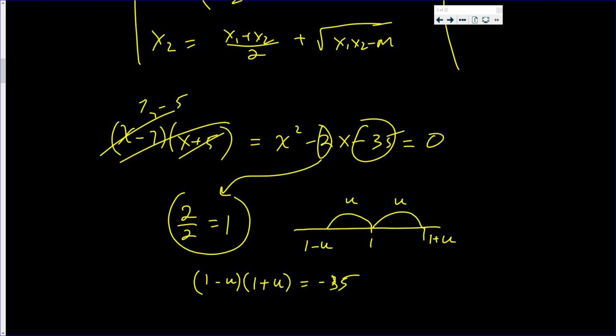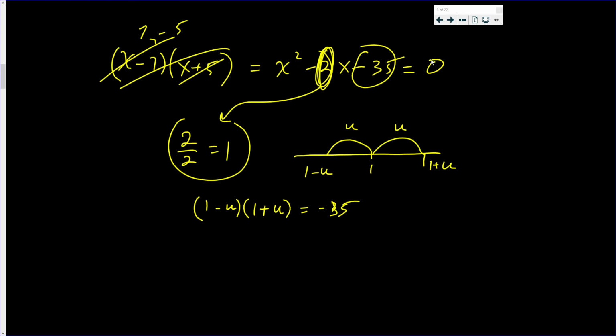So all you do is divide the number of x's by 2, and then 1 minus u, 1 plus u. And it equals negative 35. Well, this says that 1 minus u squared is negative 35. Bring that over, you get 36. Bring this over, you get u squared.